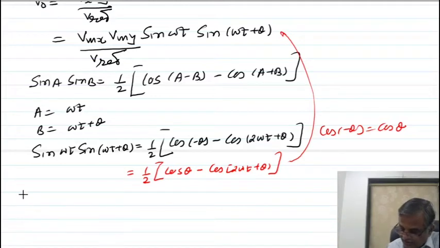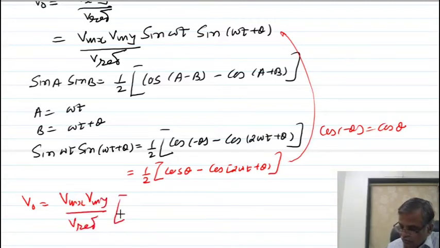So I can write my equation of the output voltage as Vmx Vmy upon V reference into 1 by 2 into cos theta minus cos 2 omega t plus theta.